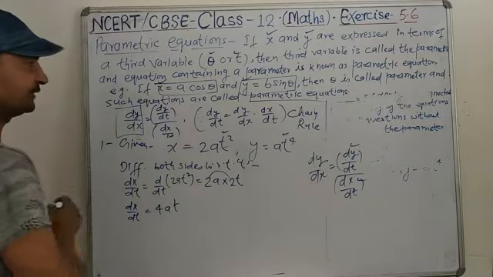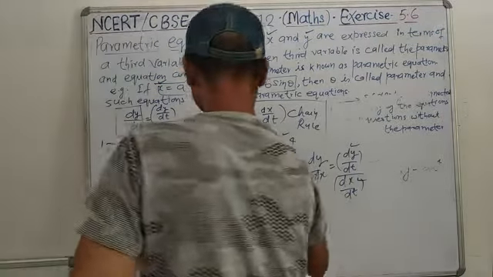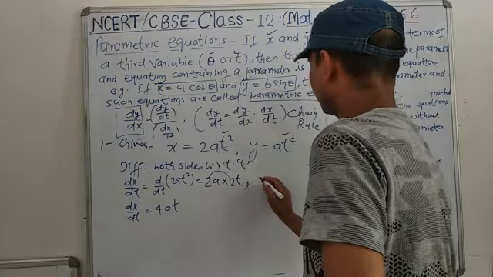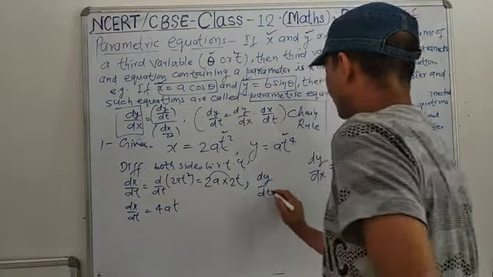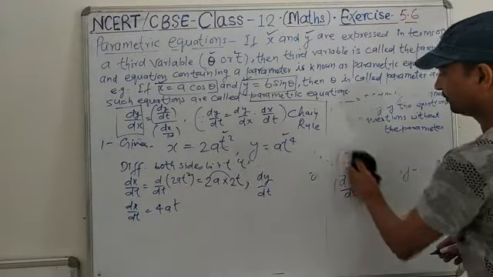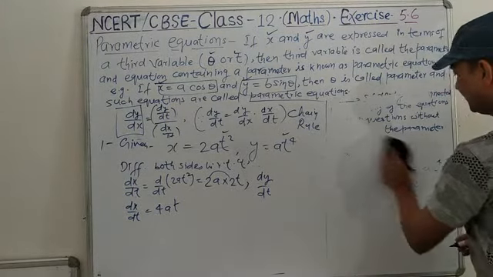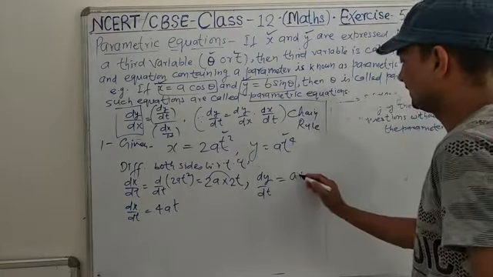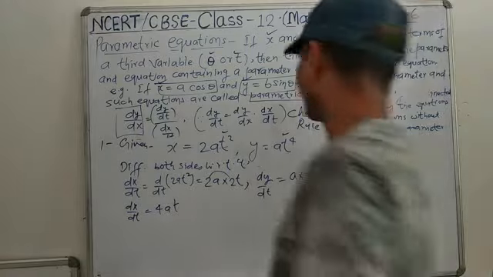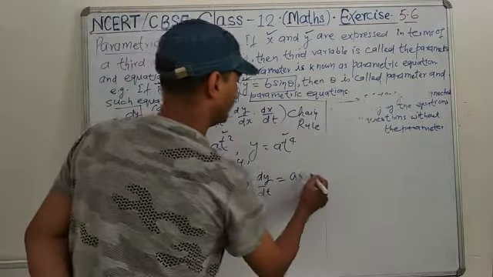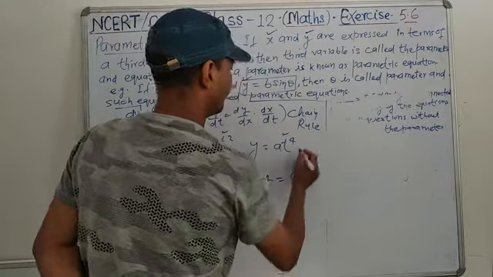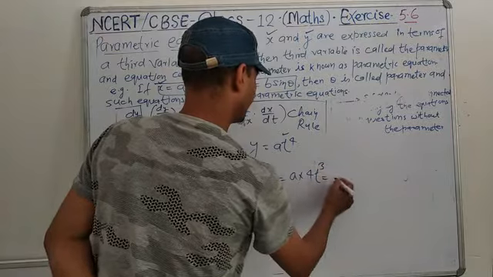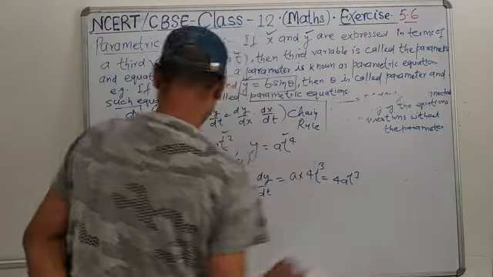Now next we need dy by dt. So we will differentiate with respect to t. a is constant and t power 4 differentiates to 4t power 4 minus 1, that means 3. It becomes 4at cube.